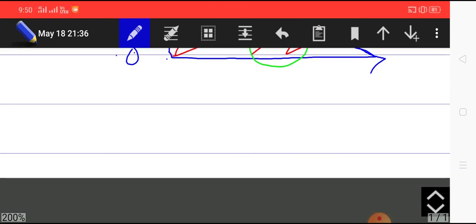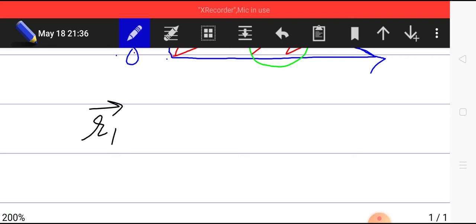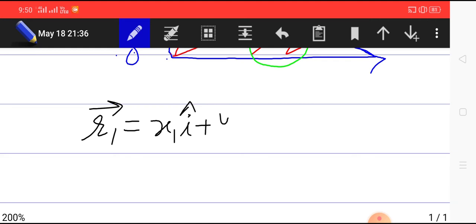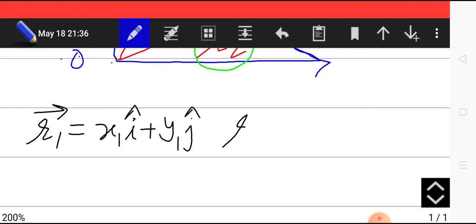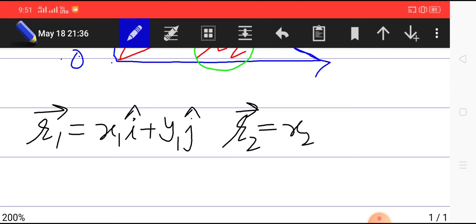So in component form it is very easy to write your r1 vector: the coordinates of point 1 are x1 and y1, so you can write x1 i plus y1 j. Similarly, you can write the r2 position vector as x2 i plus y2 j. So it is very easy to write position vectors.